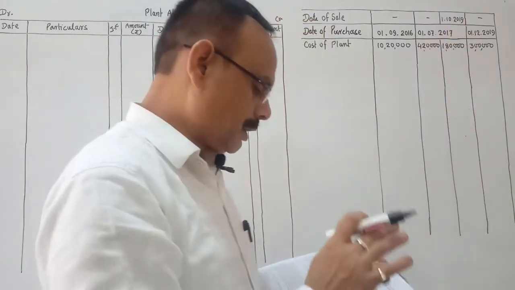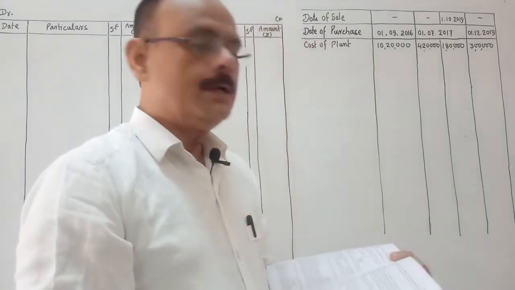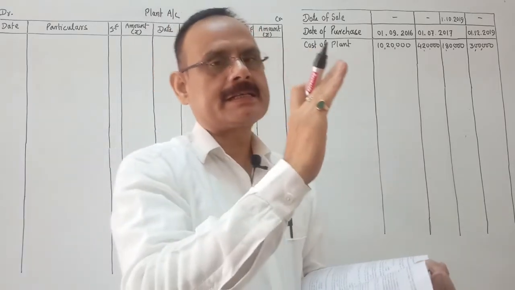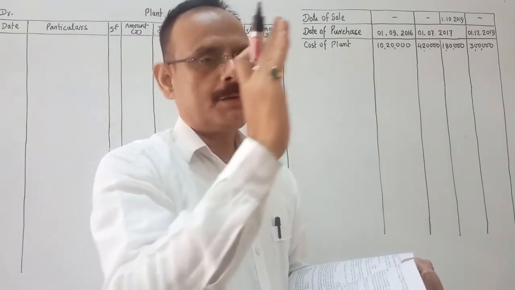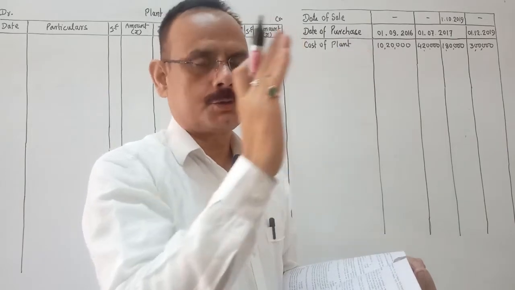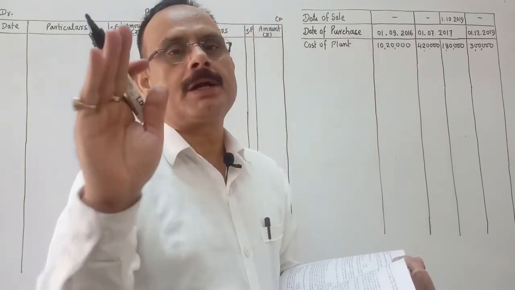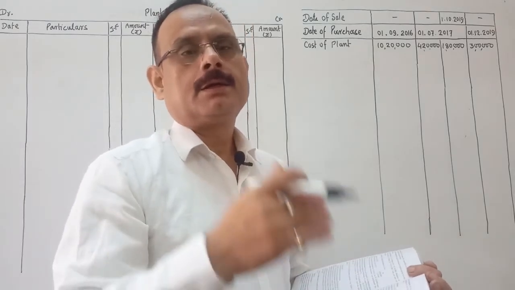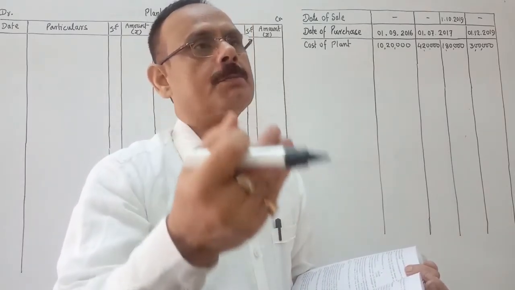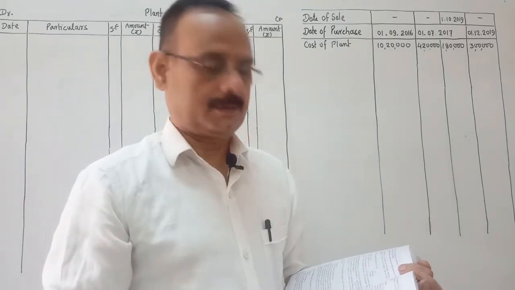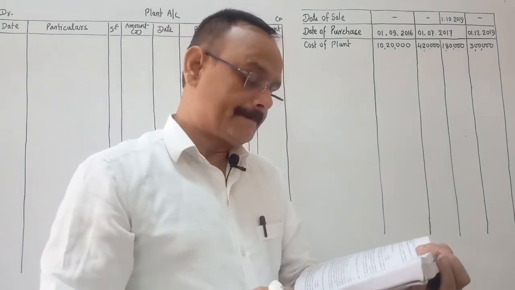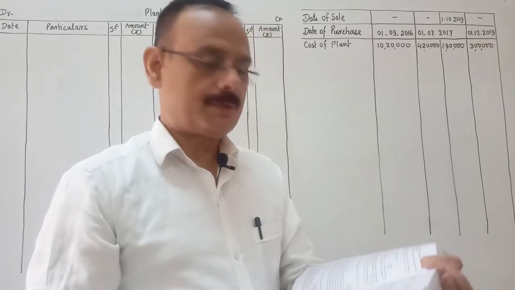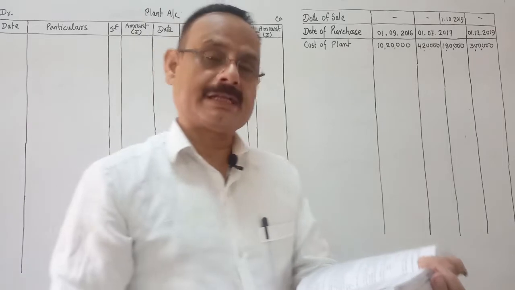So on 1st July 2017 plant was purchased for rupees 6 lakhs. I have divided the 6 lakhs into the part of the plant which is not sold and the part which is sold, so that we can do the working note to know the profit or loss on sale of plant. Next, the firm writes off depreciation at the rate of 10% per annum on original cost.